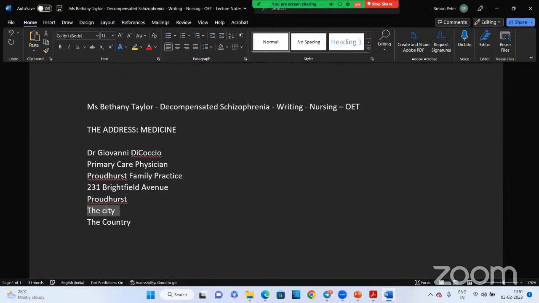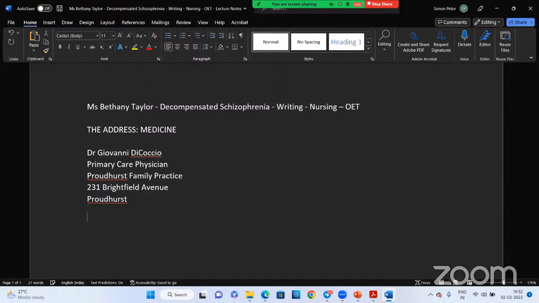The country is not given, so it is excluded. That's it. This is the medicine address, the address for the medicine. This is how we are going to write the address. So this is one part of the story.